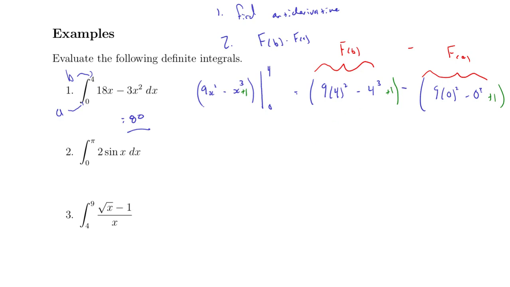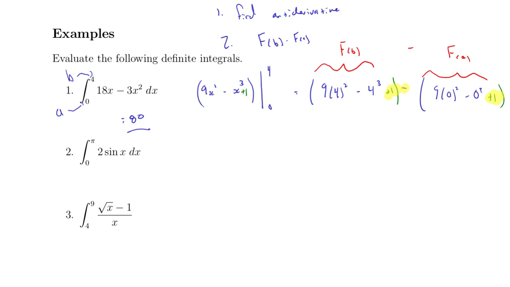Notice what happens: 1 minus 1 is 0. That's going to happen for every constant. You could put a general plus c in here, and then you've got c minus c. For the same antiderivative, you have the same constant, so those always subtract to 0. So we don't need to worry about the constant of integration here. You can just grab any antiderivative, and I normally grab the one with that constant of 0.